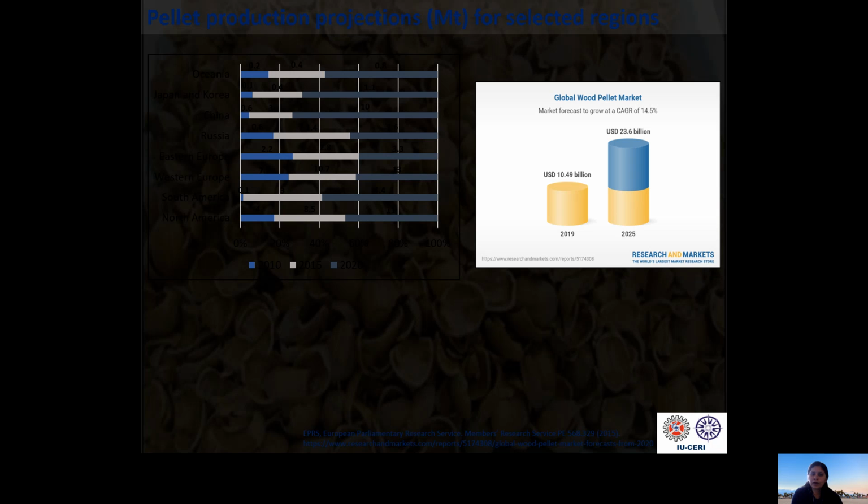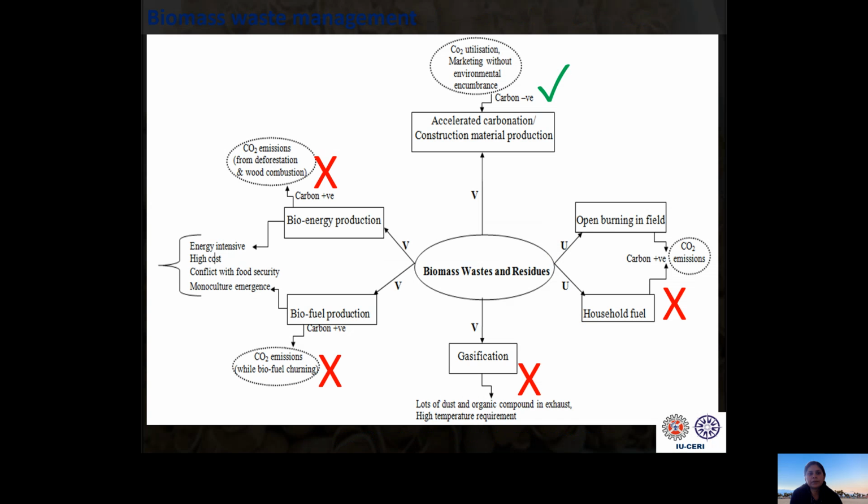In economic terms, global wood pellet market estimates show an increase projected from 10.5 billion US dollars in 2019 to 24 billion US dollars in 2025. So there is a projected increase in the pellet market throughout the world, and the energy production definitely is not a clean process here either, because as I mentioned earlier, ash production and other carbon footprints are inevitable.